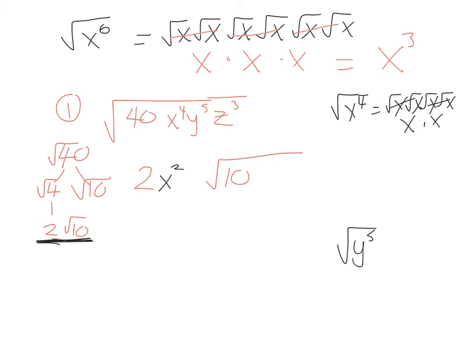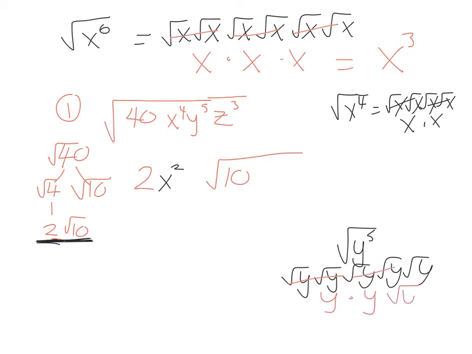Rad y to the fifth, you're writing it 5 times, or you can do it without writing it out if you're able to. 1, 2, 3, 4, 5. First 2 come out as just y. Next 2, just y. The last one's under the radical sign. So I have y squared on the outside, and I have a y on the inside.